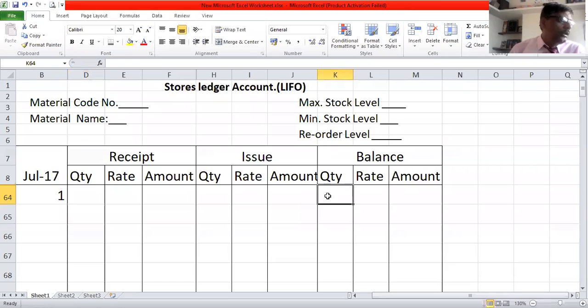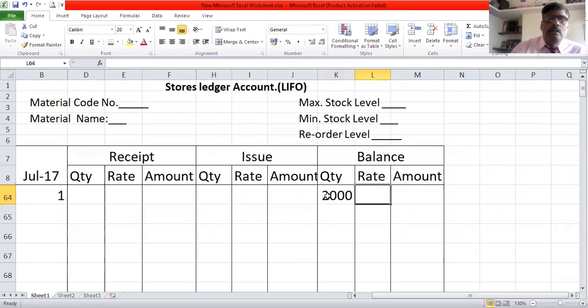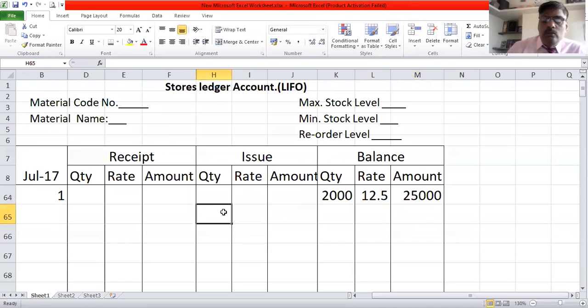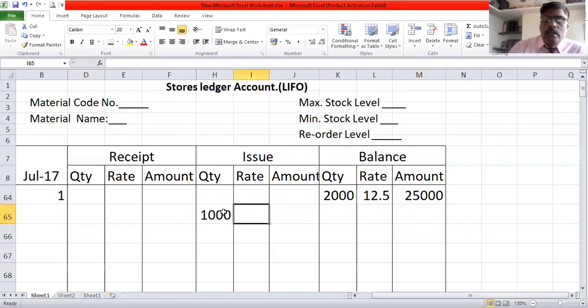February 1, opening balance 2000 units, and the rate is 12.50. The amount is, I think, 25,000. Then the issue is 1,000 at the rate of 12.50, because there is only one lot.